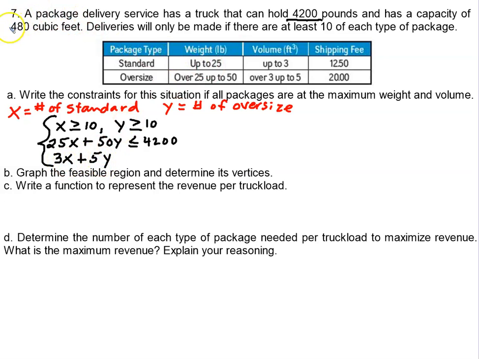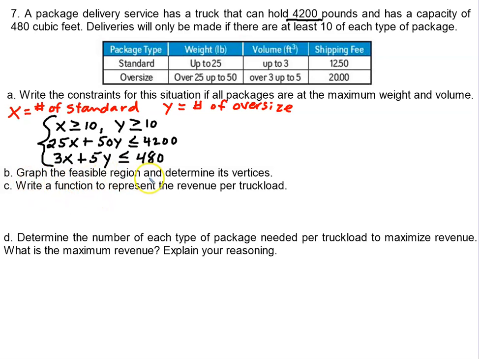Combined, it cannot exceed 480. Okay, and so that's it. That's our system of constraints. And again, if you notice, they say if they are at maximum weight and volume, so that's why we used 50 for the upper limit for oversize, and then 5 for the cubic feet for the oversize.